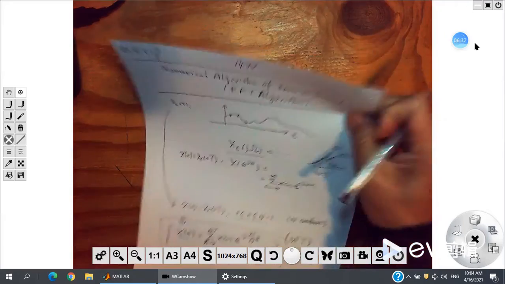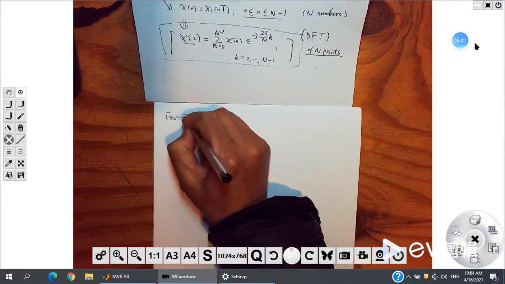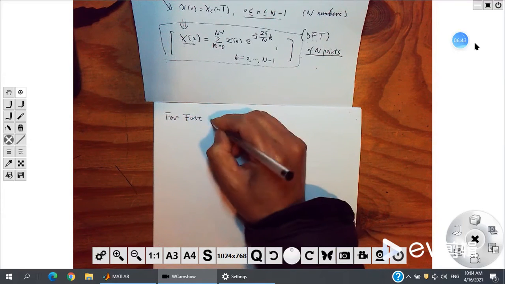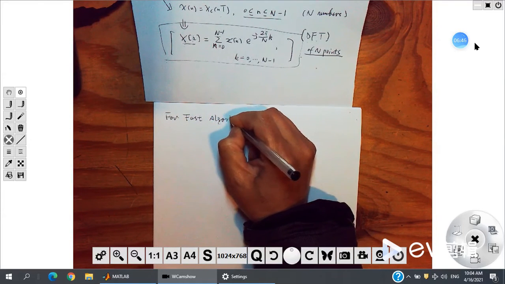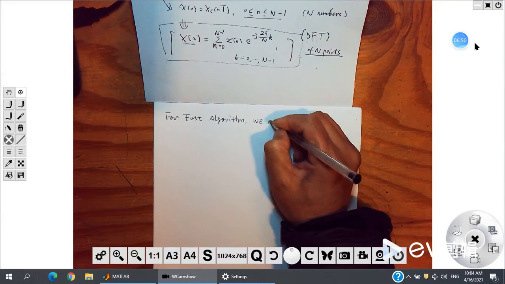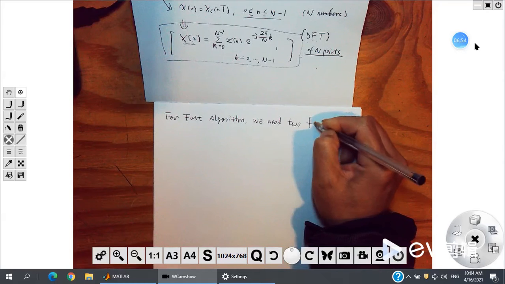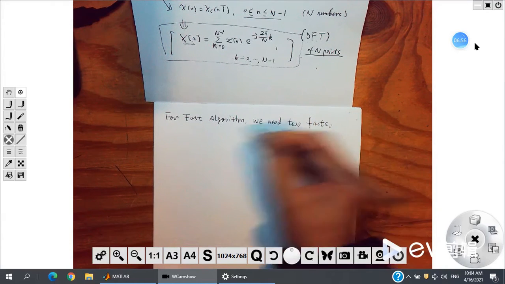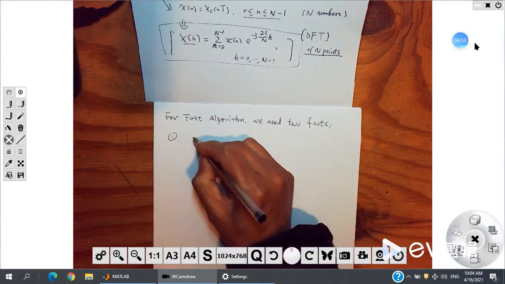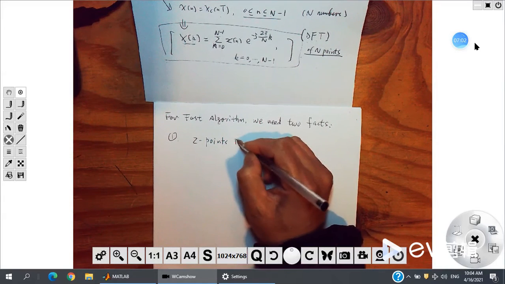Then we have two basic considerations for a fast algorithm. We need two factors. The first one is the 2-point DFT.